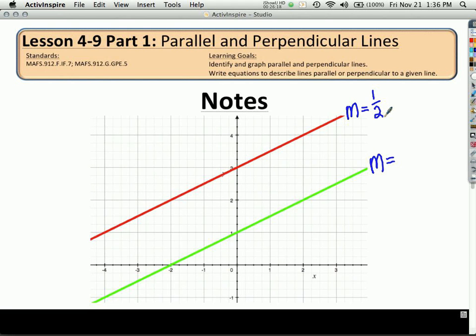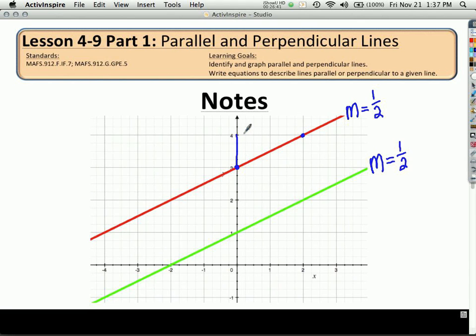And so what about this second line, the bottom one? What's the slope of that one? Number 1. It's also 1/2. And we can show that by doing rise over run from any 2 points, like here and here.